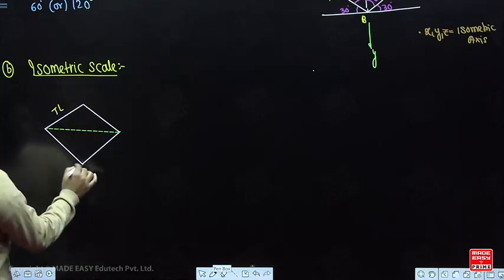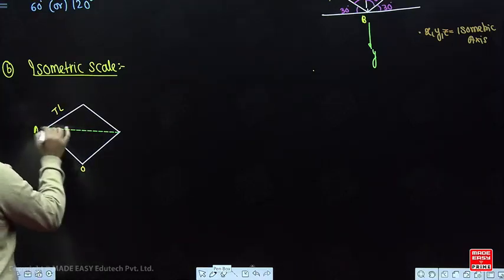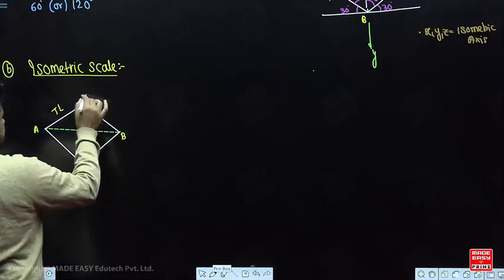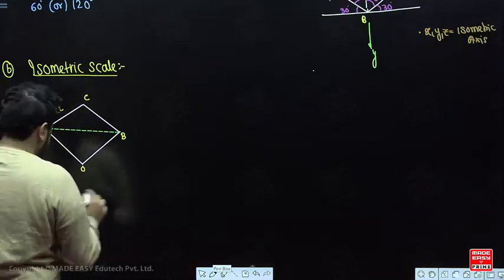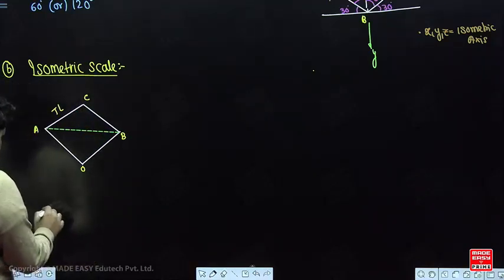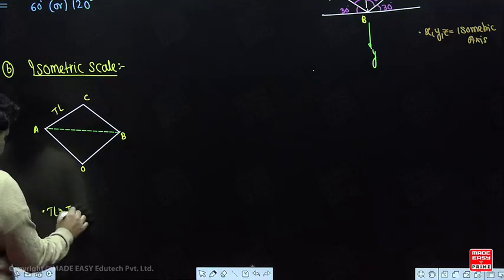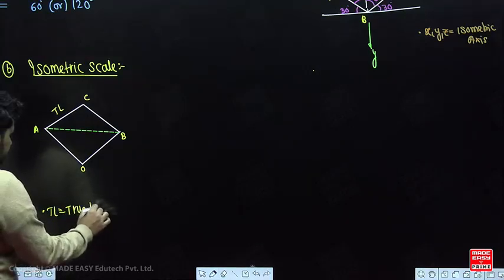Suppose this is O, this is A, this is B and this is C. TL means true length.